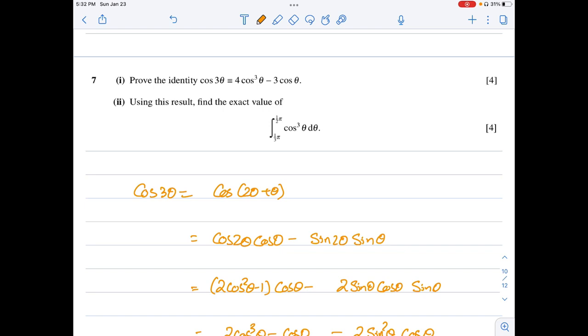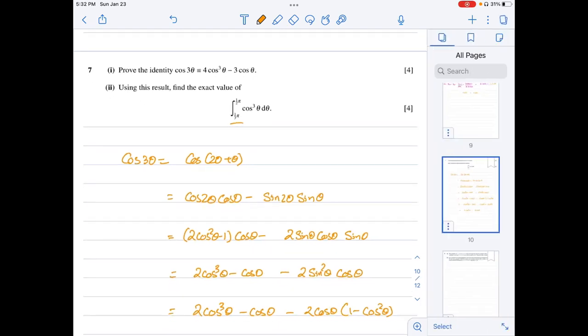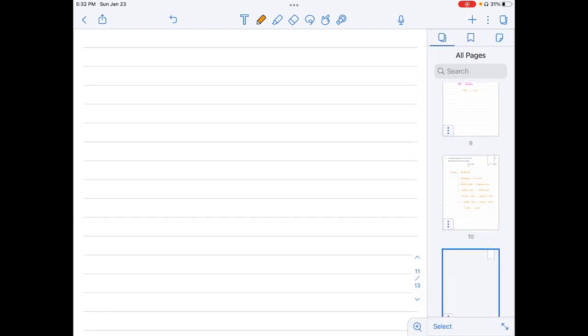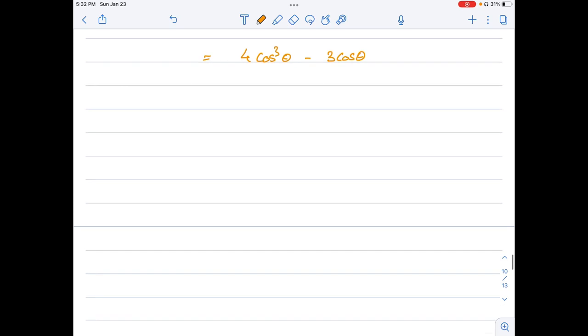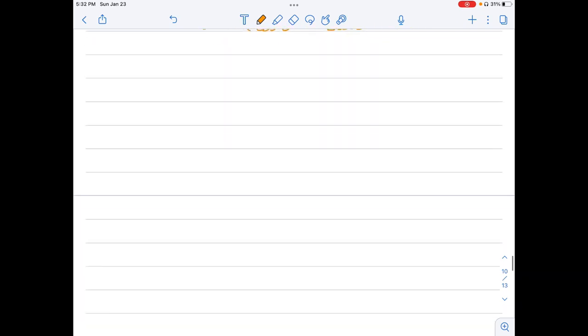Using this result, find the exact value of this integral from pi by 3 to pi by 2. So we got that cos 3 theta is equal to 4 cos cube theta minus 3 cos theta. So what am I going to do?